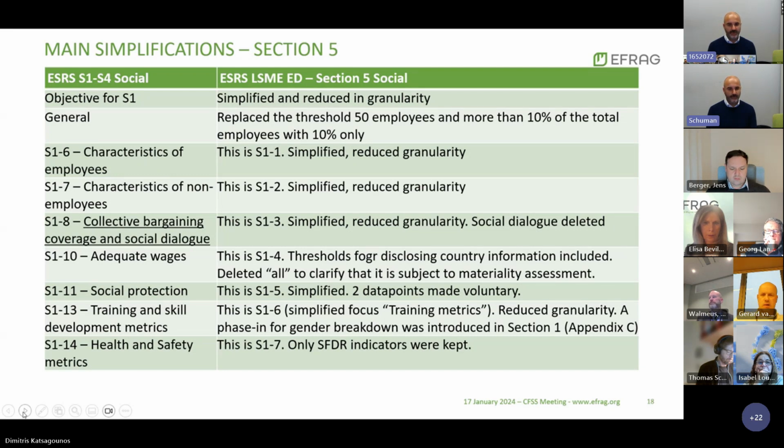So we made them voluntary. On training and skill development metrics, we have simplified the content and reduced the granularity. We added a new phase-in for gender breakdown, and for health and safety metrics, we have the same content of set 1, but we kept only the SFDR indicators.